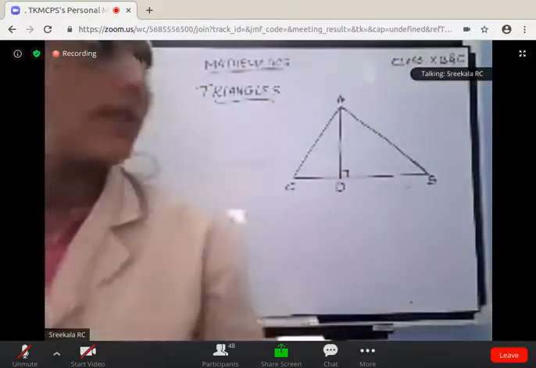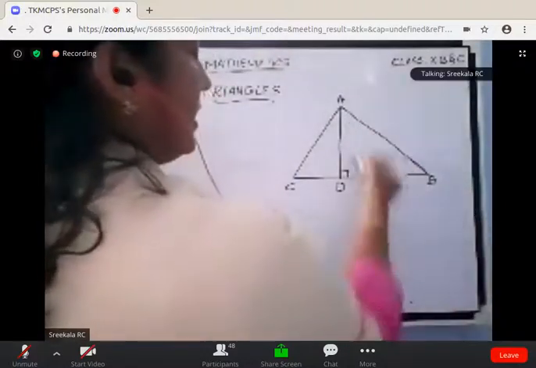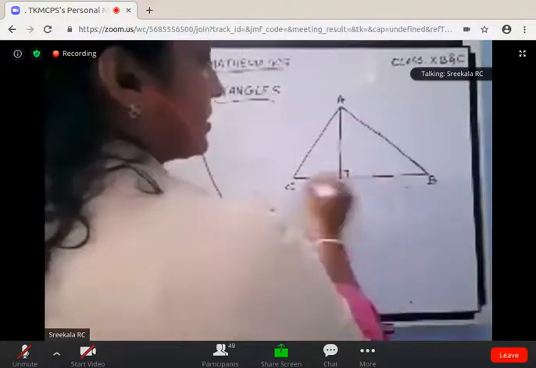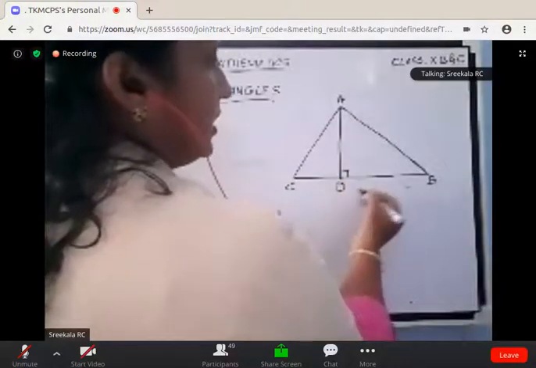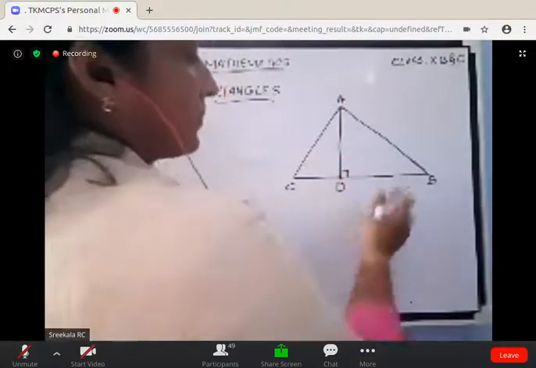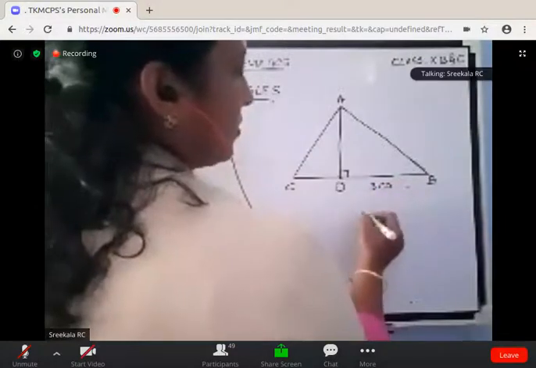So in this question, it is given that ABC is the triangle, AD is the perpendicular from A to the side BC, intersecting at the point D, and BD is equal to 3CD. That is given in the question.